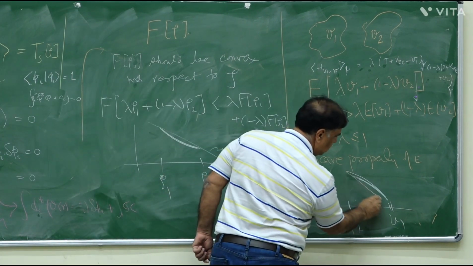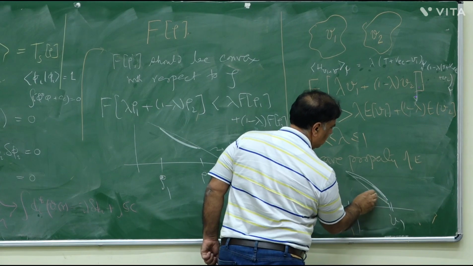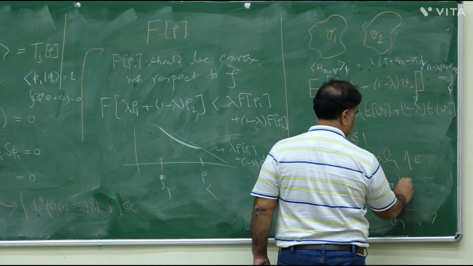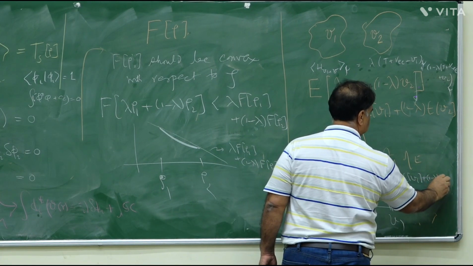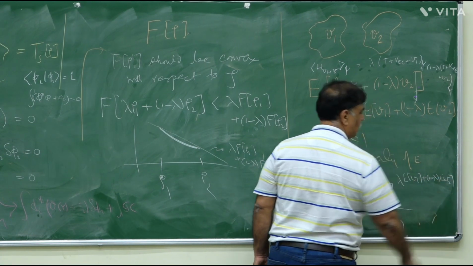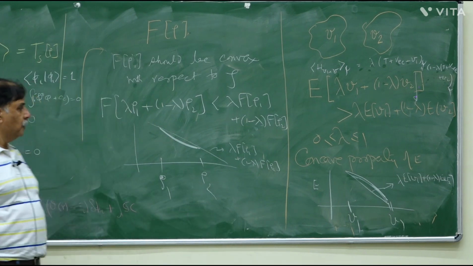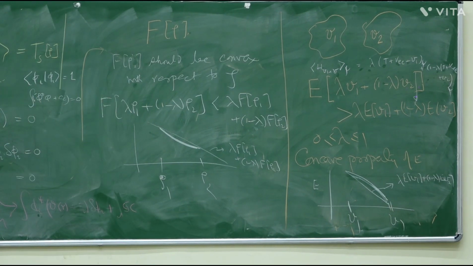Here, this line was lambda E[V1] plus (1 minus lambda) E[V2]. So it should satisfy the convexity property. It's a nice property to satisfy if you want it to lead to a minimum.